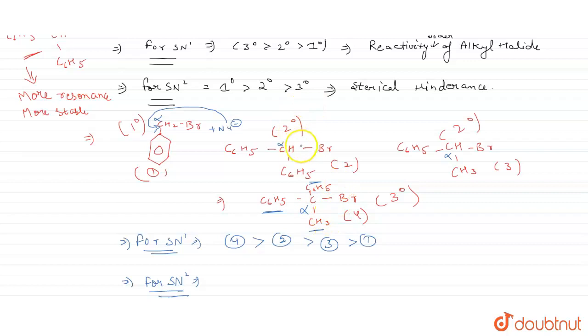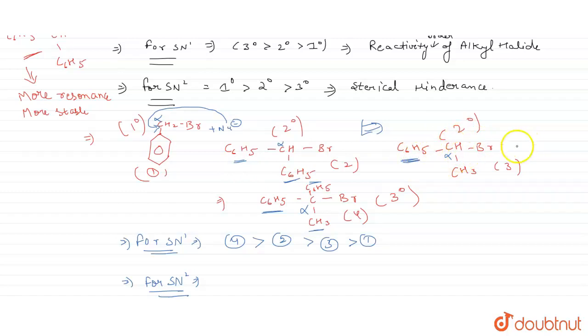Now we have to identify between these two, because both the second and third are 2 degree alkyl halides. But as you can see, in the second the alpha carbon is attached with 2 C6H5 groups, that is 2 larger groups. In this third compound, there is only 1 larger group, that is C6H5.